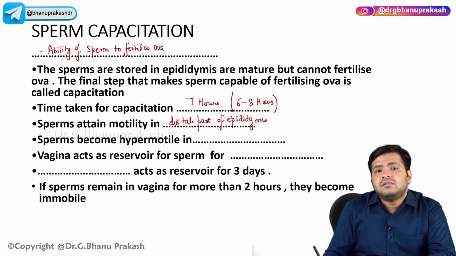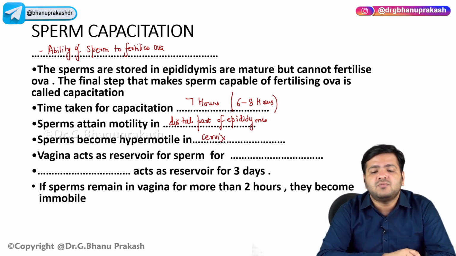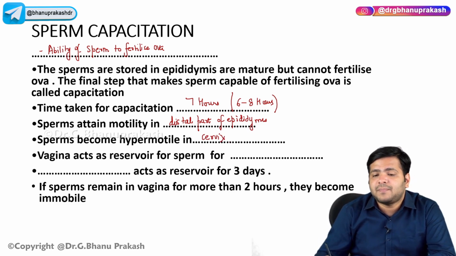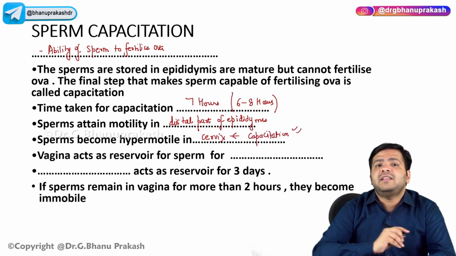Sperms become hypermotile in the cervix. So the cervix is the place where capacitation will take place in the female reproductive tract.